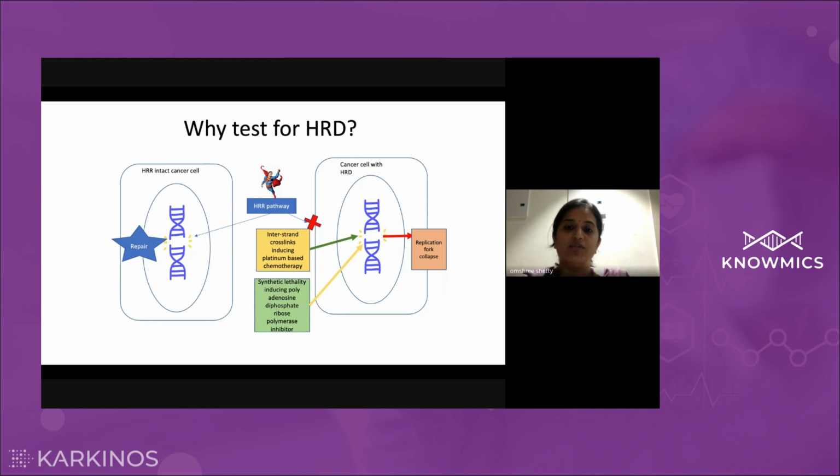Whereas when cancer cells have been identified with homologous recombination deficiency, it is much easier to target them, with platinum-based chemotherapy or synthetic lethality by introducing poly ADP ribose polymerase inhibitors. So we can make those cells die, or we can use several therapies. That would be a targeted approach, and that's why it is important to identify in a disease whether homologous recombination deficiency exists. Next, please.